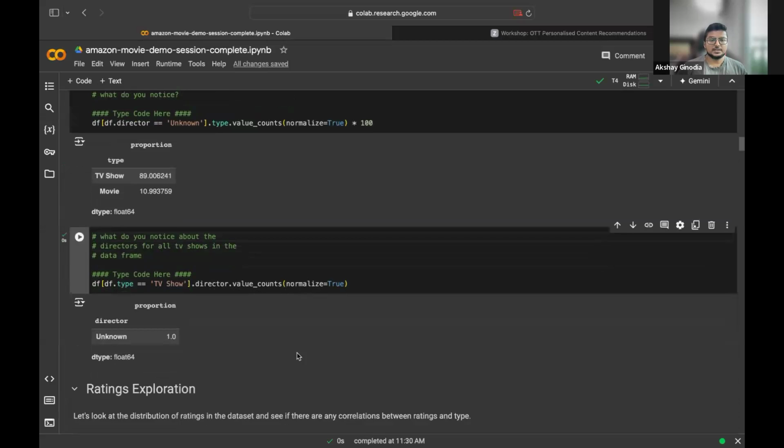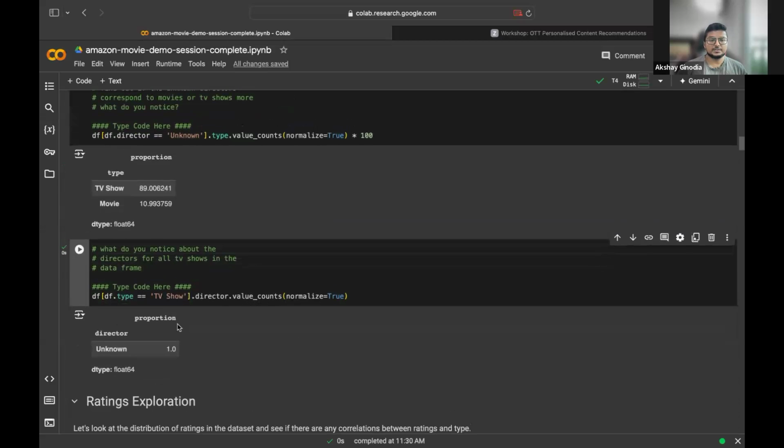Now what else can we find out next? For TV shows, again I'm using the filtering criteria, df.type equals TV show. So within the data frame, there is filtering on the data frame. For the TV show, what is the distribution of director? Again, I'm using value counts, which is for distribution.